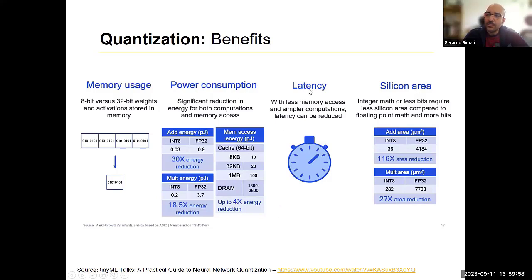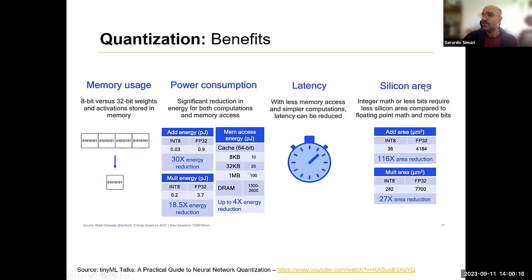Latency might also be very important, especially on modest hardware. With less memory access, you have simpler computations, and then latency can be reduced, especially if you're looking into something like near real-time systems, which is very important.